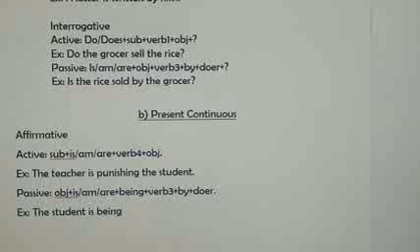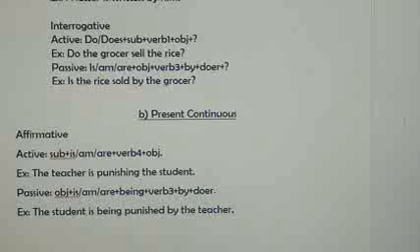The student is being punished by, and the person who performs the action is the teacher, who will become the doer over here. It means the student is being punished by the teacher. Over here, the affirmative for present continuous gets over, and now I am going to discuss interrogative.